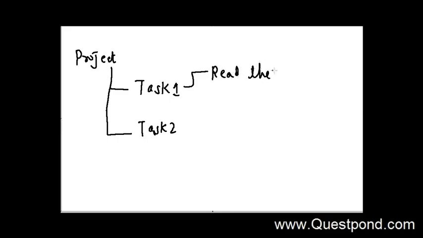Task one is where we are going to read the small text file and convert it to a capital text file. The second task is where we are going to read the capital text file and import it into a SQL Server table. In task one, we have to do the following things. First, read the small text file.